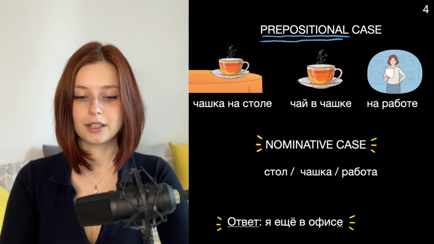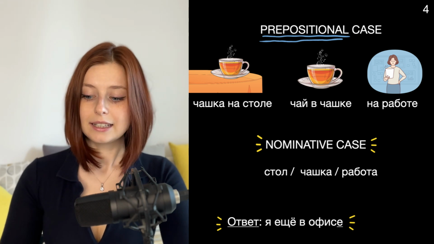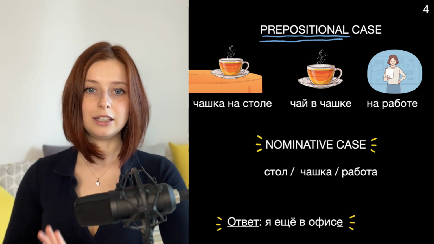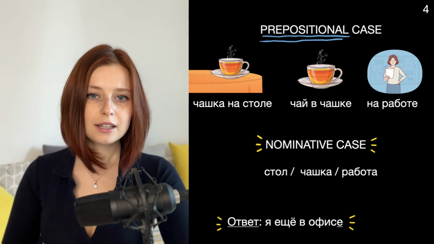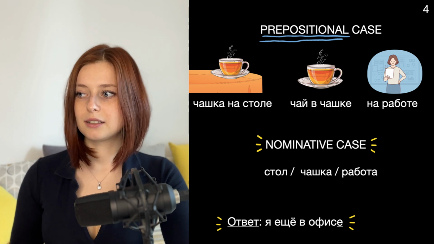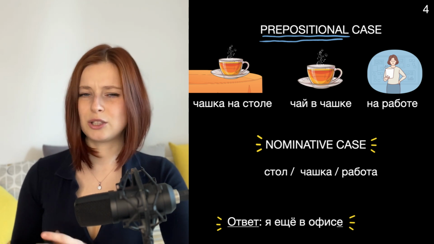На работе. В and на, they both mean in or at. It's just that sometimes we say на, sometimes we say в. There is a rule for it, but it's too complicated.